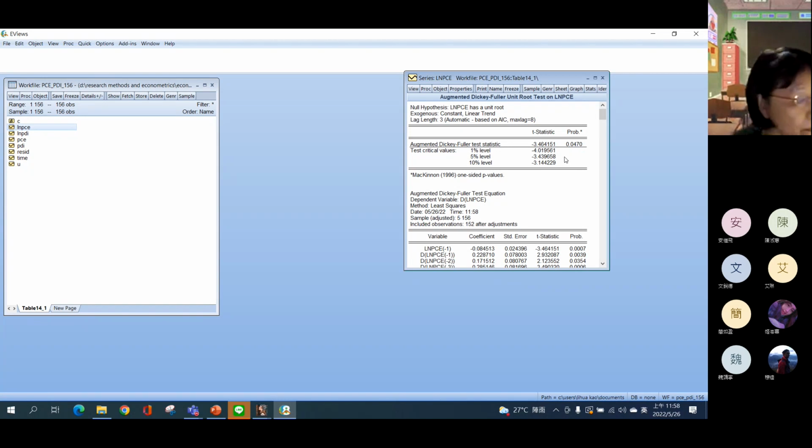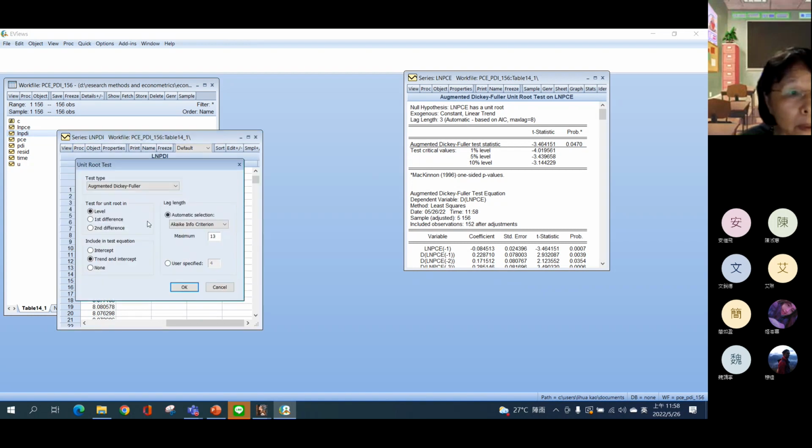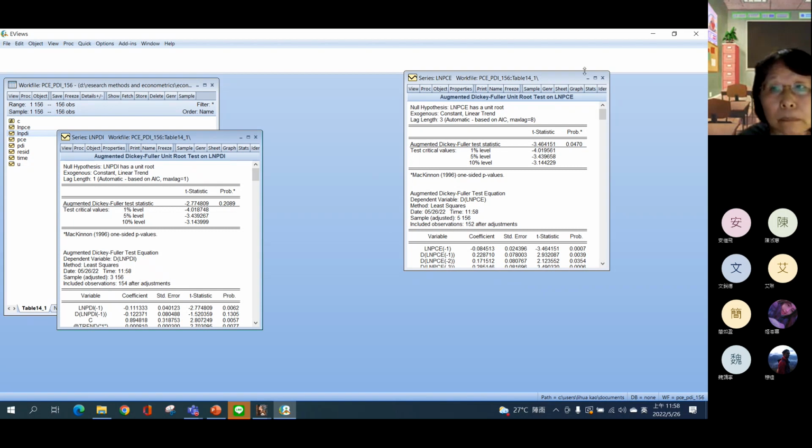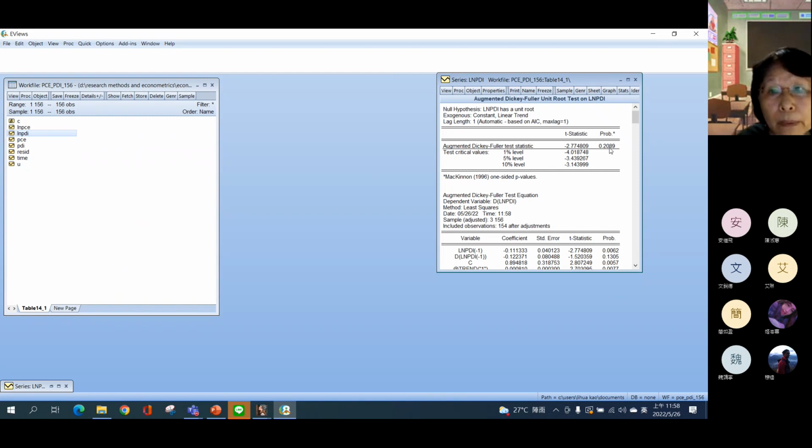Okay? All right. How about LNPDI? I will do it the same way, with level and trend. Then I start from 1. It shows that if it is 1, this is non-stationary.